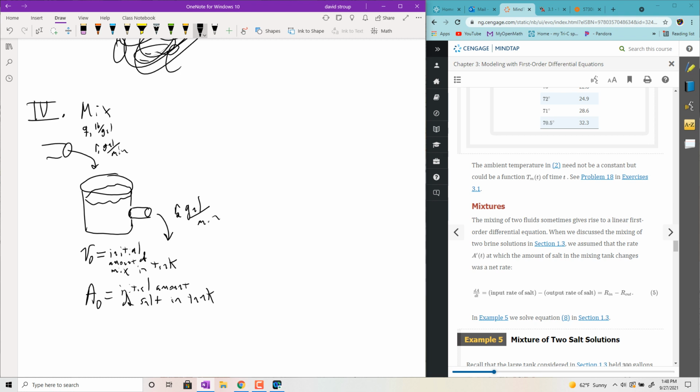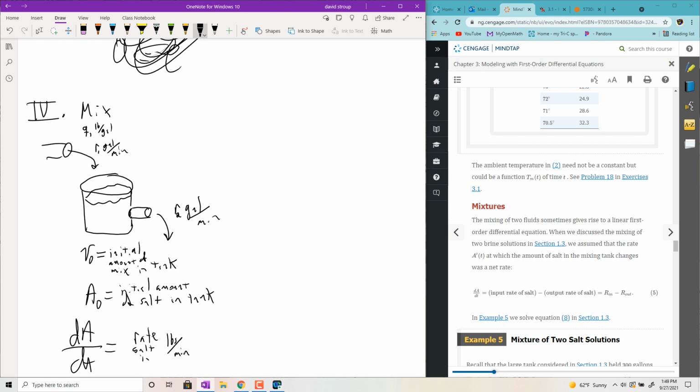And then you can make your differential equation, dA over dt, by taking the difference between the rate of salt in and the rate of salt out. The rate of salt in will be in pounds per minute. And that kind of gives you a hint as to how to set up the structure of that rate.